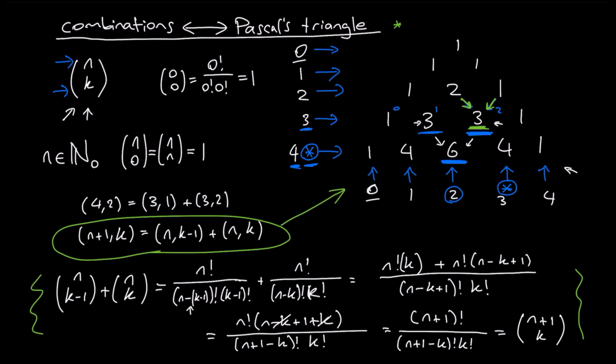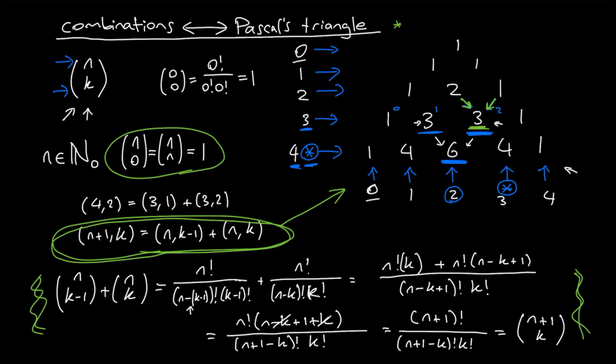So what we've shown in this calculation is that this structure, which we wrote out from what we noticed in Pascal's triangle, that we have these triangles where the outer terms are just 1, which is also the case for combinations, and the inner terms are defined as the sum of the numbers immediately diagonally above them. We wrote that out algebraically, and we found that that structure is also the case in combinations.